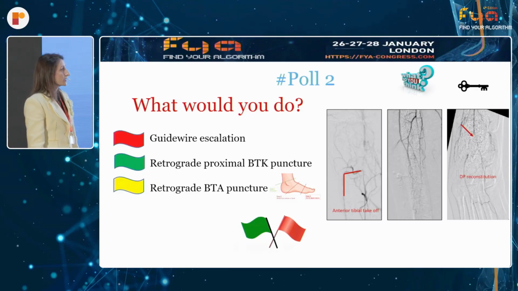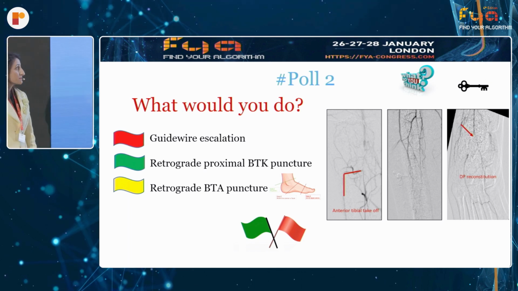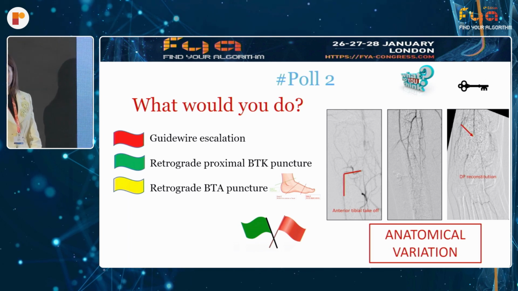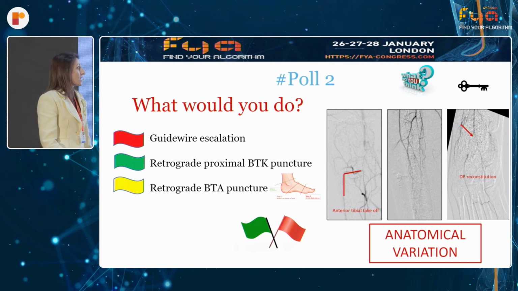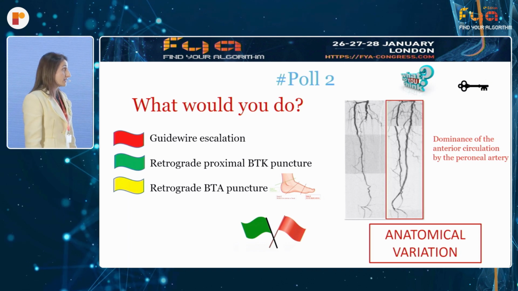This anterior tibial takeoff at a 90 degree angle, and also the reconstitution from the anterior communicant of the peroneal artery at the level of the dorsalis pedis, makes us think about an anatomical variation, as we have seen in Mariano's case, which is dominance of the anterior circulation by the peroneal artery.